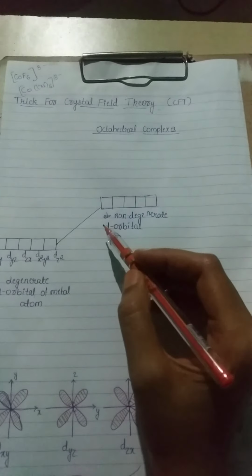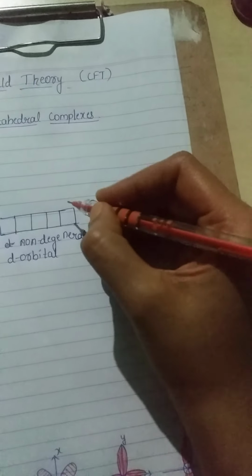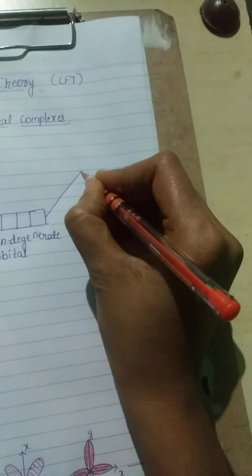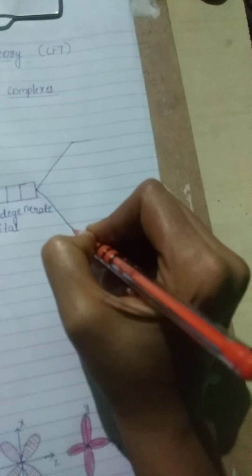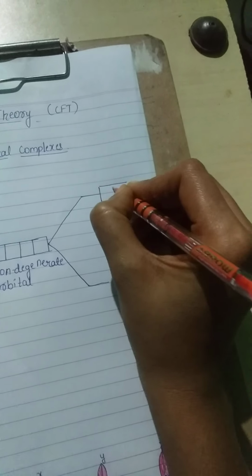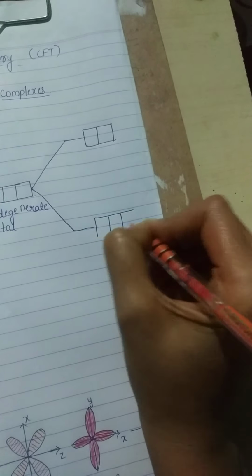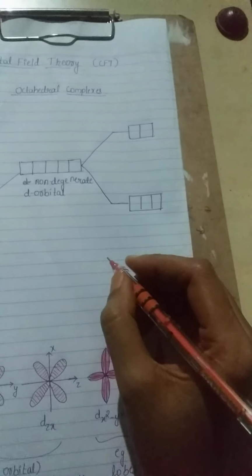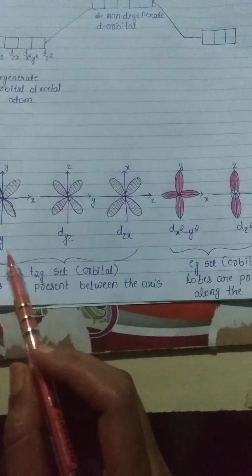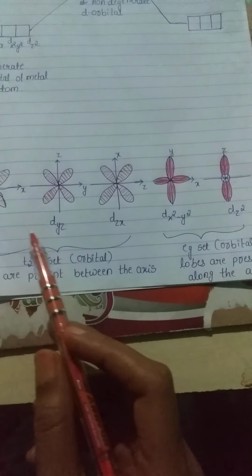Then the non-degenerate d orbitals can split into two sets, those are the EG set and the T2G set. EG set lobes are present along the axis, and T2G set lobes are present between the axis.